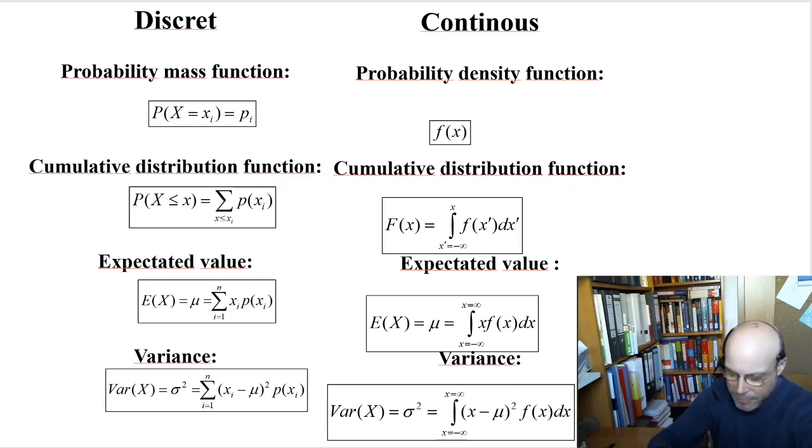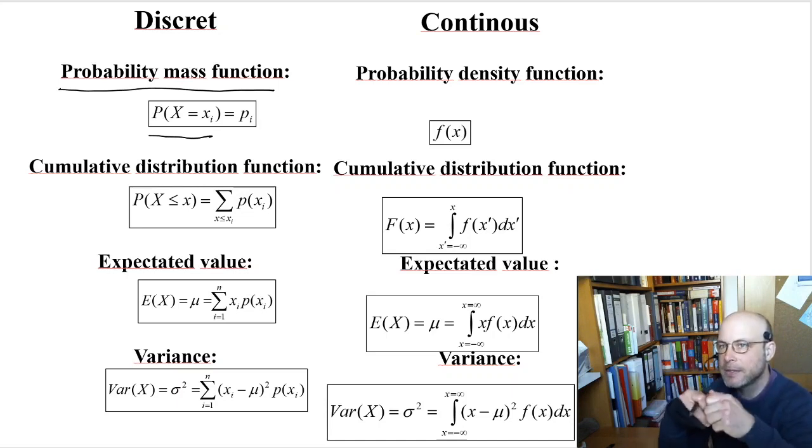Then here, what is the difference and what is common between discrete and continuous random variables? Well, we have the probability, or to be specific, the probability mass function, that the probability of some specific event, some specific realization, is given by the probability of the event.